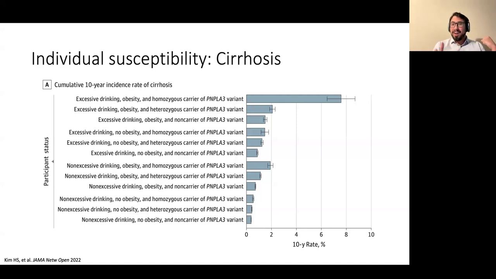But if you take off one of those three factors, PNPLA3 it's not so easy, but if you don't have excessive drinking or you have weight loss, your risk of cirrhosis will decrease up to 4 times, being between 1 to 2% at 10 years of follow-up.